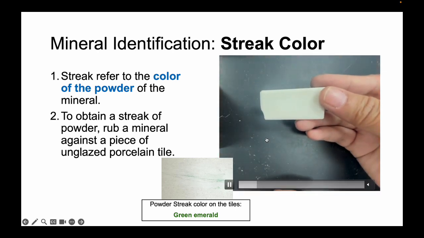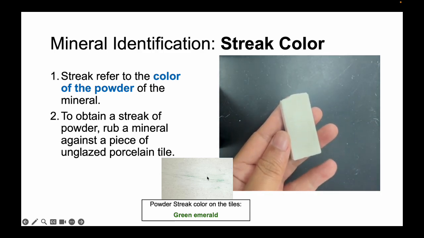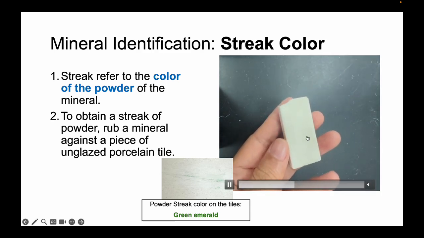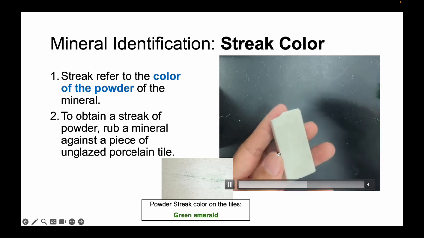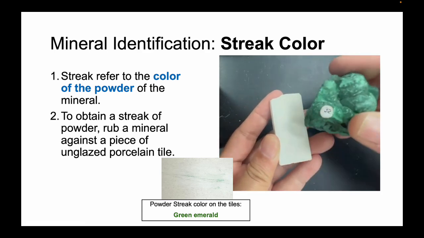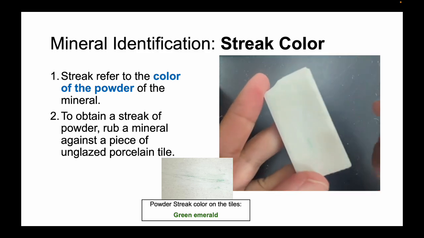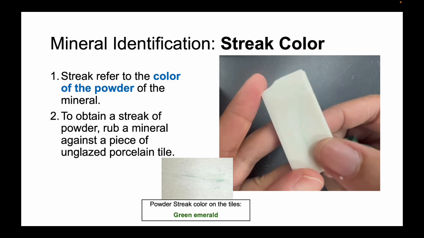For example here, this mineral has a streak color of emerald green. It will appear on the white tile. Okay, that is the streak color.